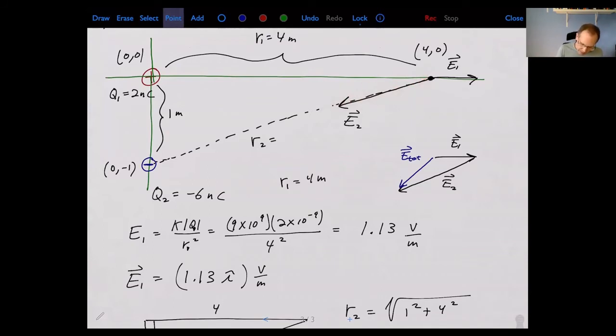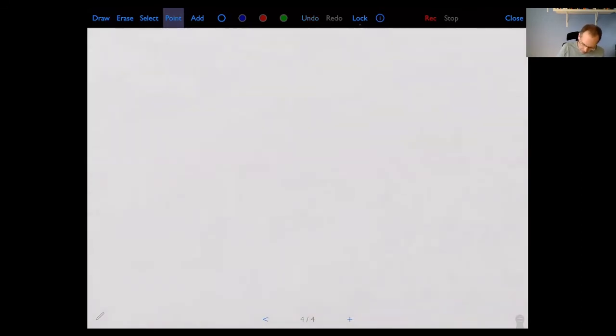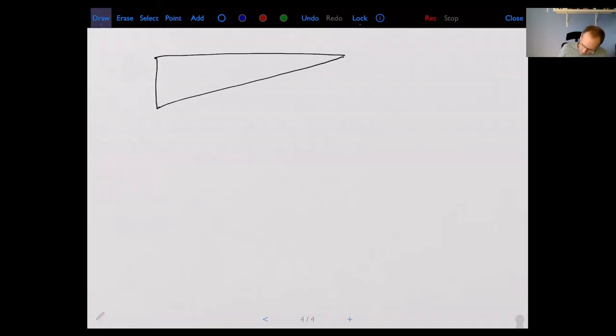Now we need to figure out the direction. So really we need to figure out this angle here. Again, using basic trigonometry, let me go to another page. Remember, this length is 1 meter, this is 4. We're looking for this angle theta. I know that the 1 is opposite the angle and the 4 is adjacent, so tangent relates them together.